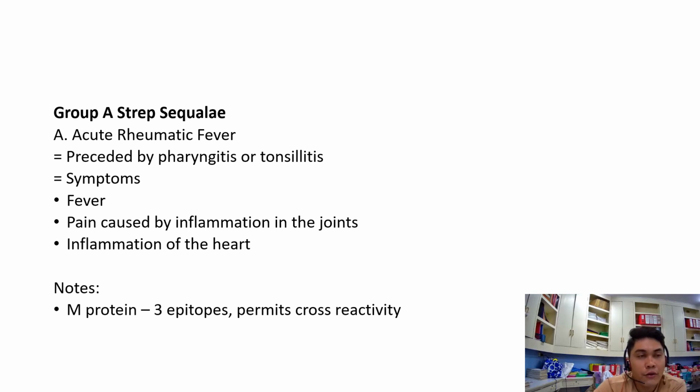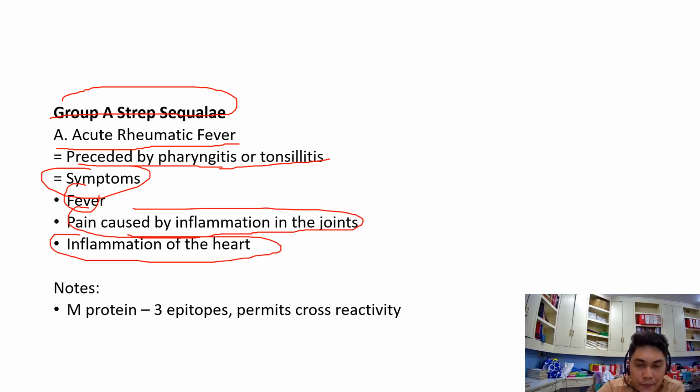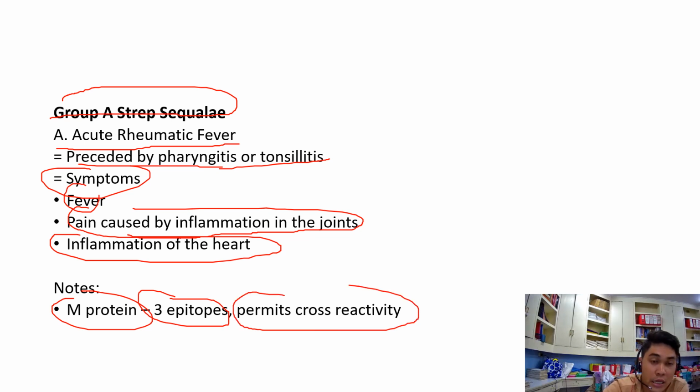Next, regarding group A streptococcal sequelae or post-strep sequelae, first is acute rheumatic fever, which is usually preceded by pharyngitis or tonsillitis. Symptoms are fever, pain caused by inflammation in the joints, and inflammation of the heart. There's inflammation of the heart because the M protein produced by strep pyo has three epitopes, and this characteristic of the M protein permits cross-reactivity.